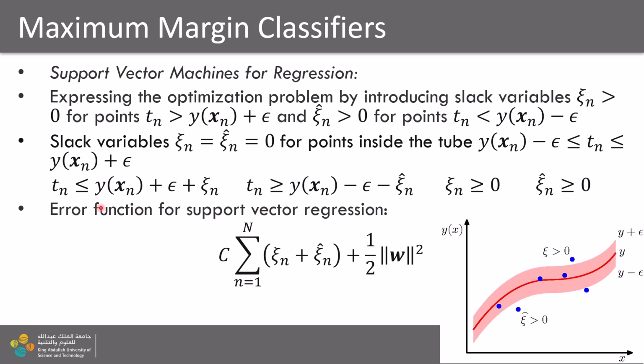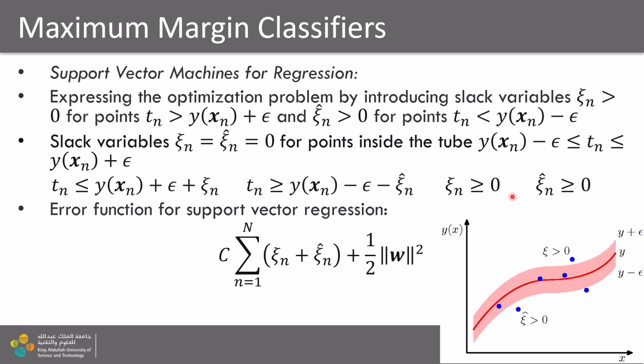So we have the one condition here for the points above the function, then we have the points below the estimation function. So this is either or, and in either case, the slack variable is never smaller than 0. It's either 0 for points within the tube, or bigger than 0 for points outside the epsilon tube.